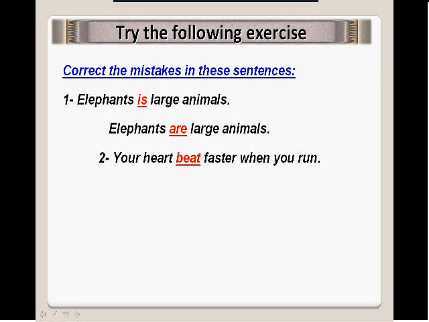First, before you correct, you have to look at the subject. So in this case, the subject is heart. Is it singular or plural? Of course, heart here is singular. So the verb should be what? Singular.